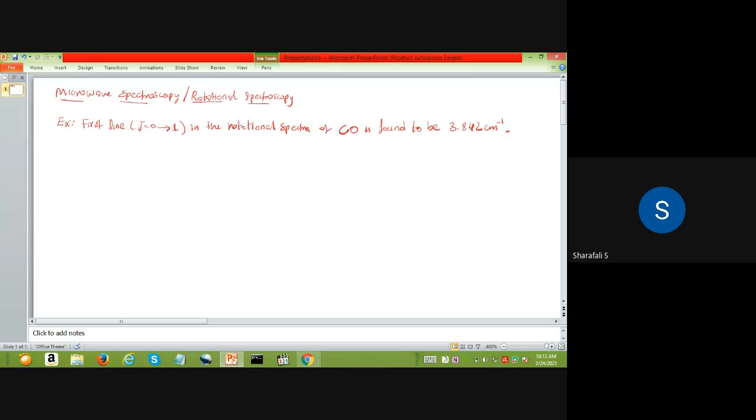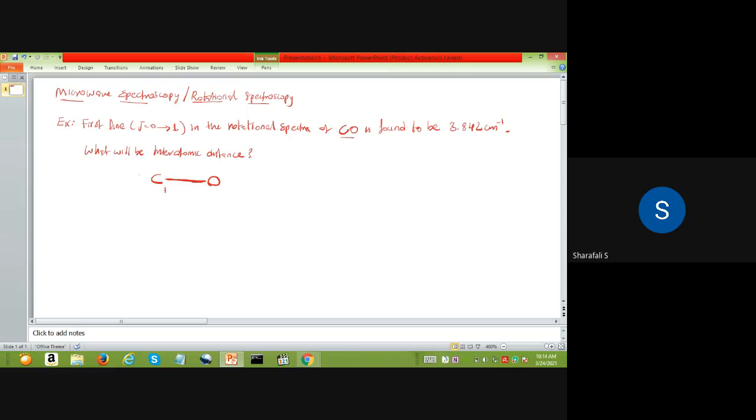Okay. So what will be the interatomic distance? This is just an example. We have here a carbon monoxide molecule, which has one carbon atom and one oxygen atom bonded like this.